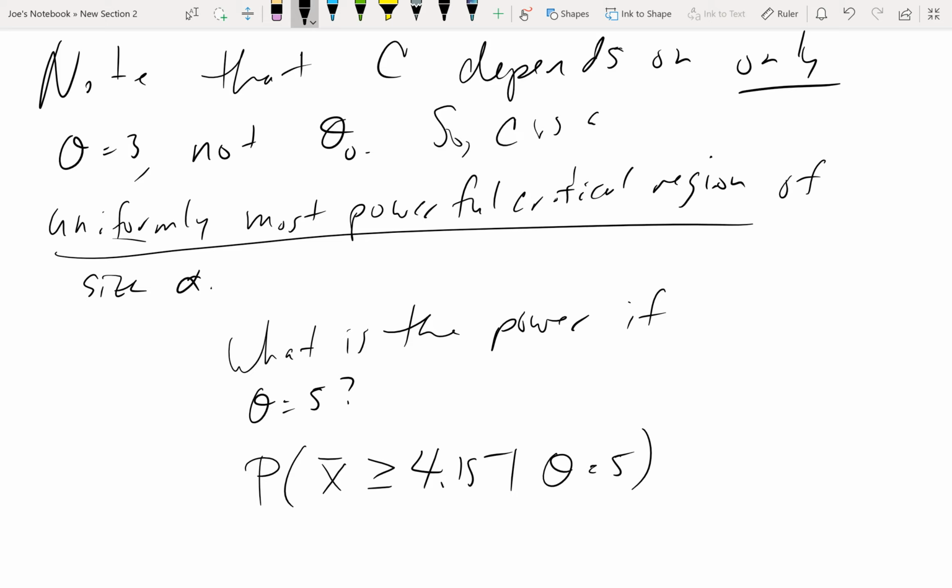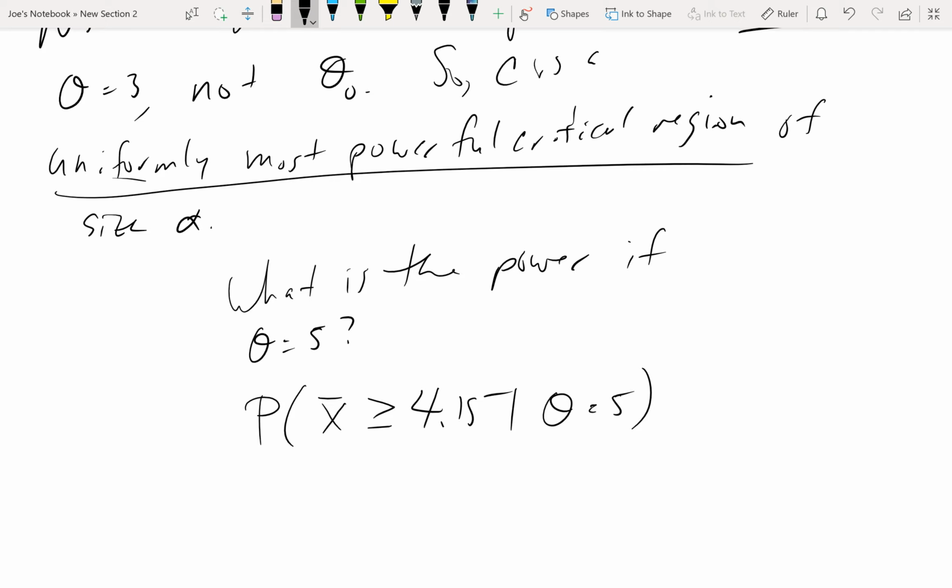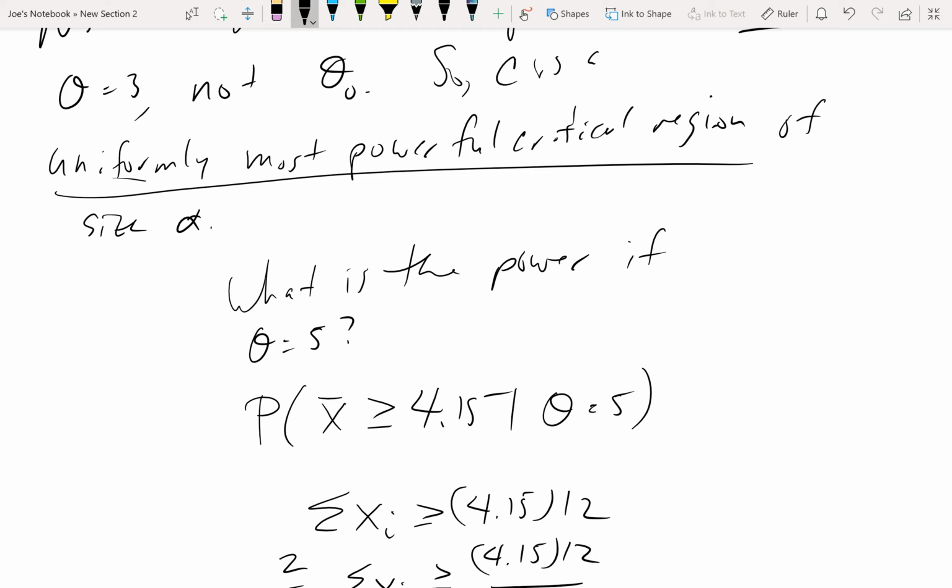So again, to be able to do this, we would have to use the same idea that we did with the chi-squared. So we know that the sum of the x of i's would have to be greater than or equal to 4.15 times 12, or 2/5 of the sum of the x of i's would have to be greater than or equal to 4.15 times 12 over 5 and times the 2.